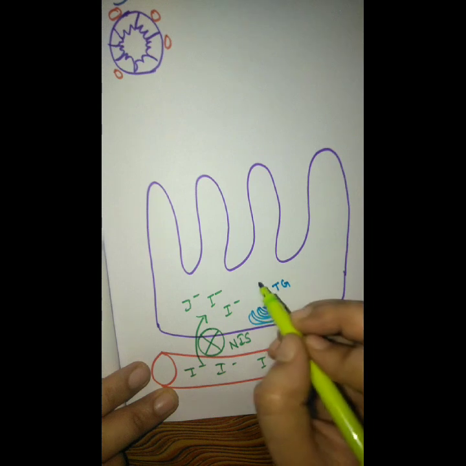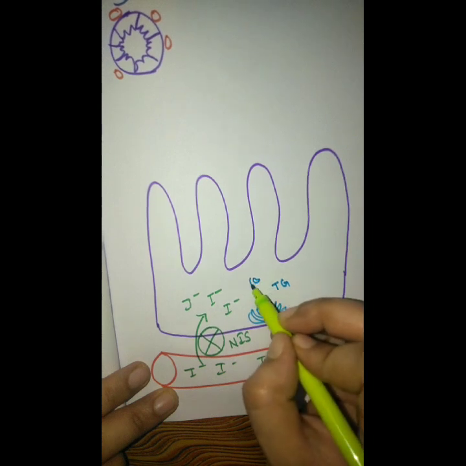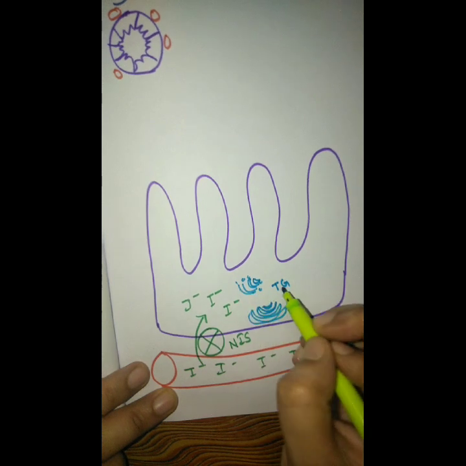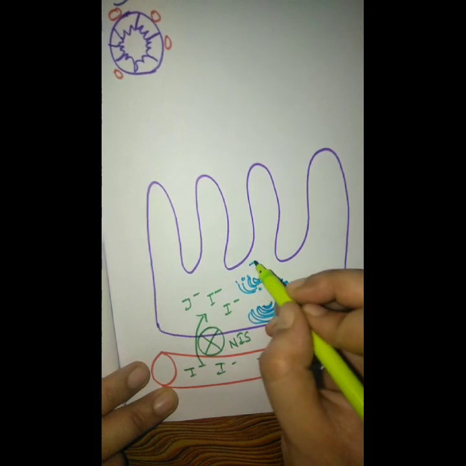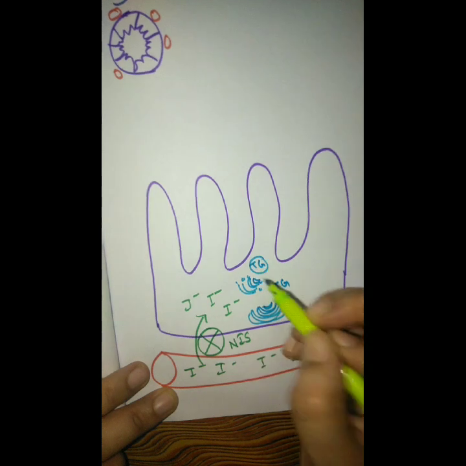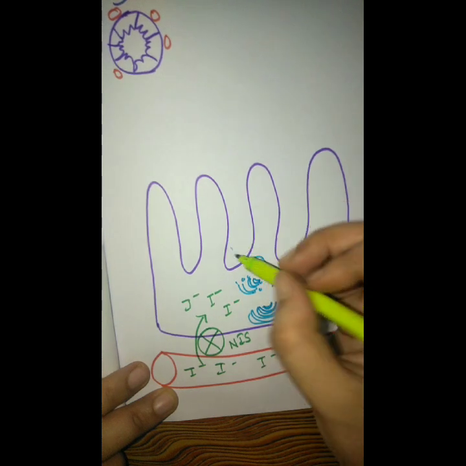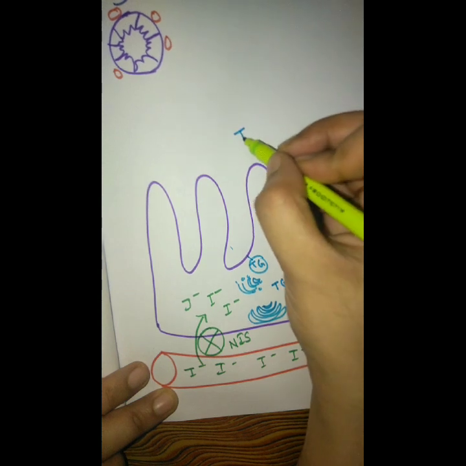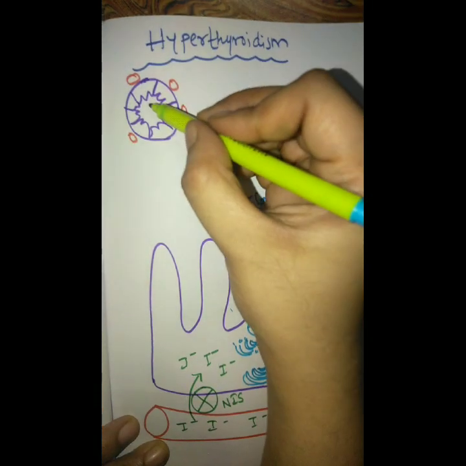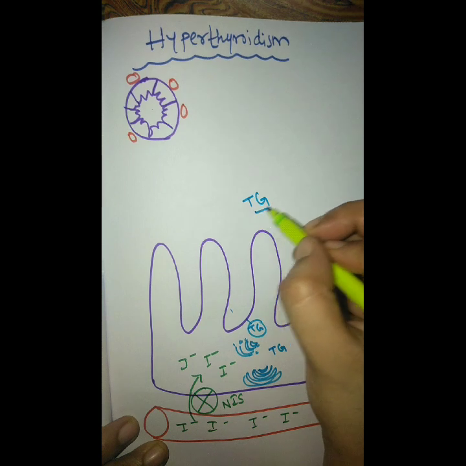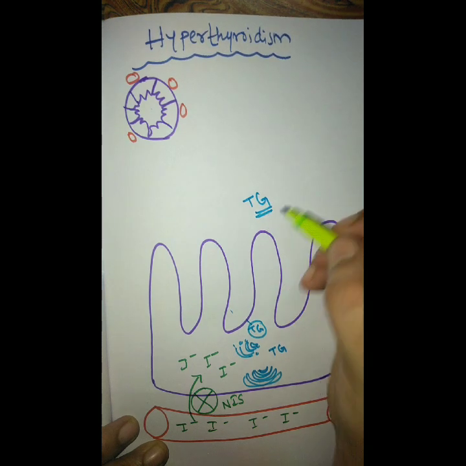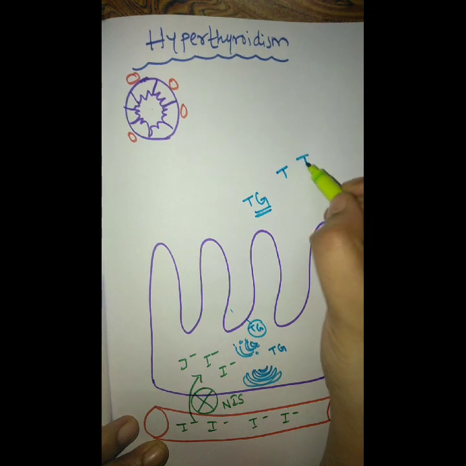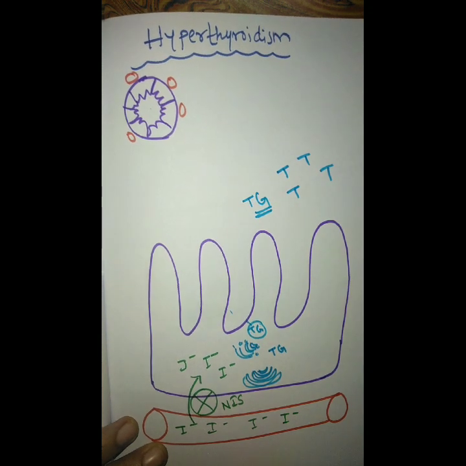Via the Golgi apparatus, these thyroglobulins are packed into vesicles, and via exocytosis these vesicles move into the colloid. This thyroglobulin protein contains an amino acid also, known as tyrosine. I am writing T for tyrosine.